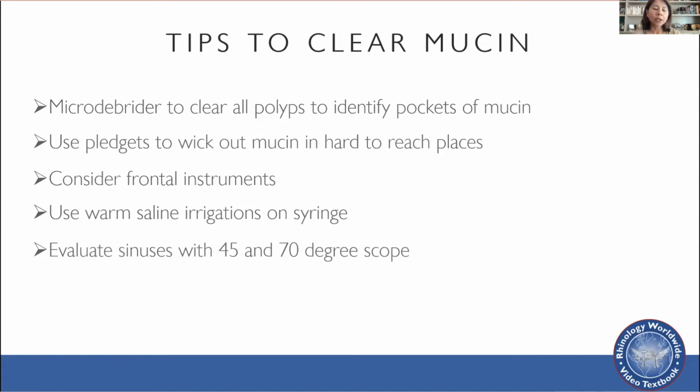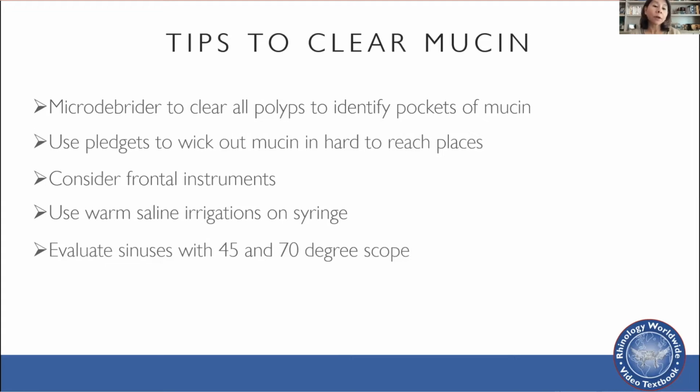In some situations, I've used pledgets to wick out mucin in areas that are hard to reach. Especially in an expanded maxillary sinus, if it's expanded laterally, some of our instruments are anterior, and if there's mucin present there, it's very difficult to reach. So using pledgets placed into the maxillary sinus and then our instruments to scrub that out can be very effective.